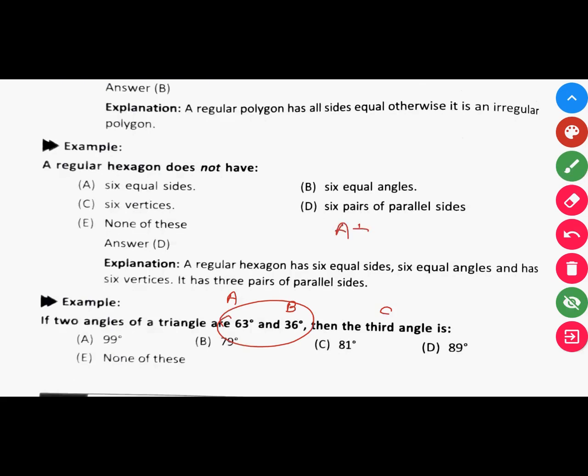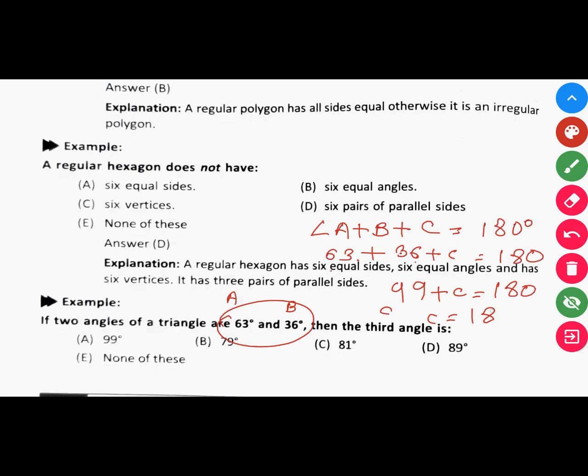So we know angle A plus angle B plus angle C is equal to 180 degrees. Now what is A? 63. What is B? 36. And C we don't know. 36 plus 63, add it. 99 plus C is equal to 180.